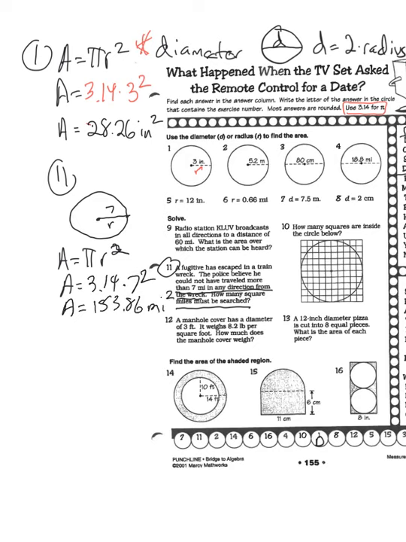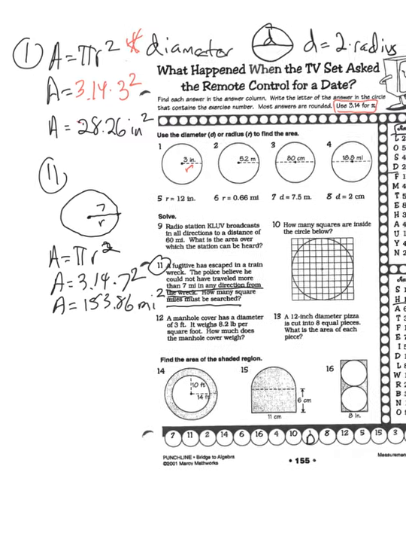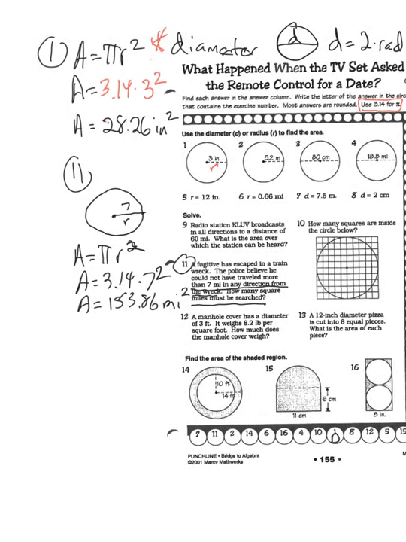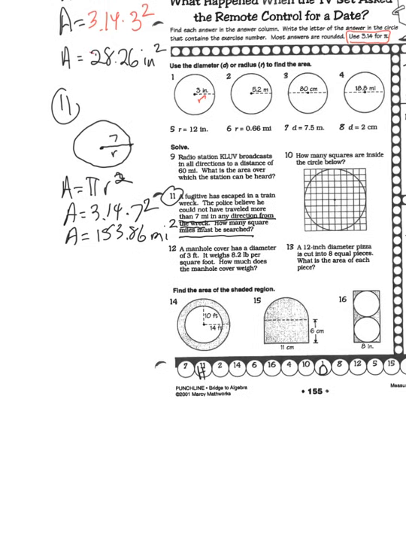So you come down here for number 11, and you'd look where the 153.9 is, and that's H. So for number 11, I would put down H. Sorry about that sliding. You get H down here.